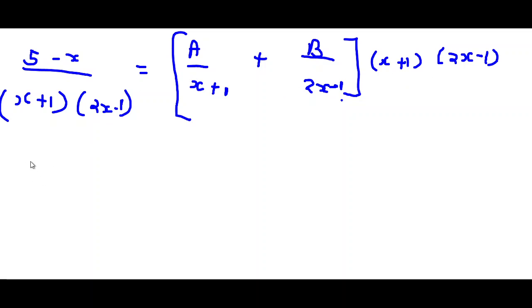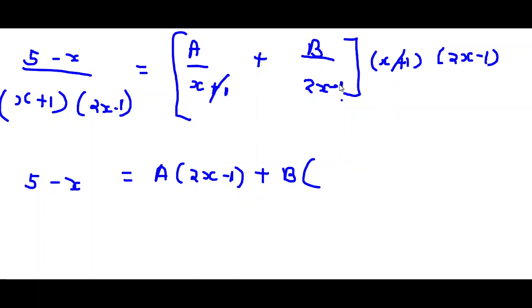So here is going to be 5 minus x equals to, this x plus 1 cancels with this, so you're left with a into brackets 2x minus 1 plus b, and 2x minus 1 cancels out with 2x minus 1, so you're left with x plus 1. So multiply by x plus 1.